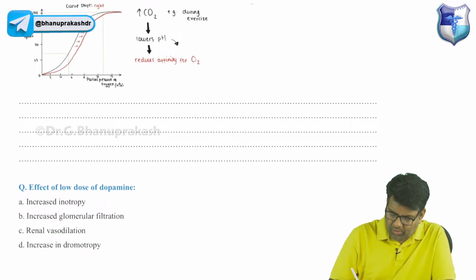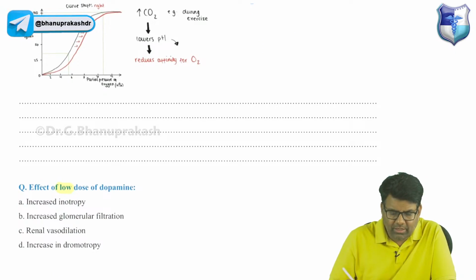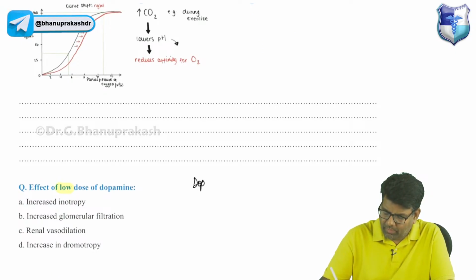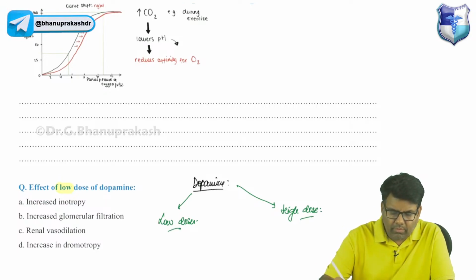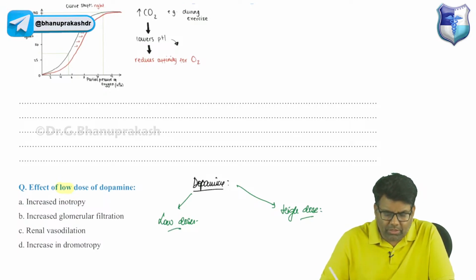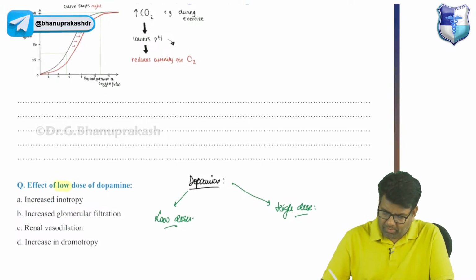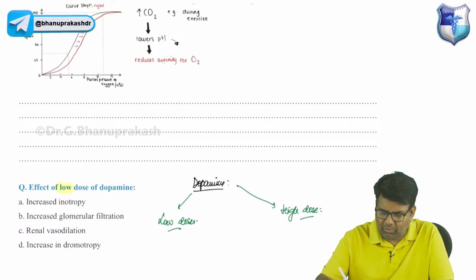Dopamine in low doses causes, what is the effect? We take dopamine, the effect varies as per the dose. Low doses, high dose. What is the effect of dopamine in low dose? Anyone?